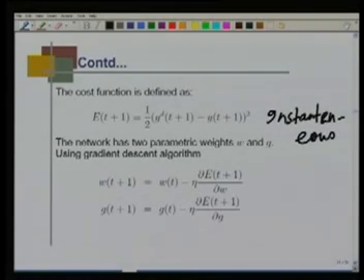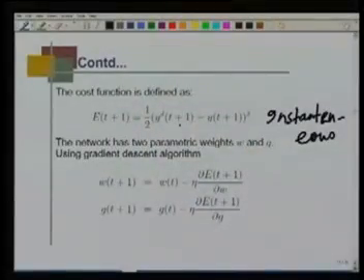The cost function is simply a quadratic function of the instantaneous error, E equals half of (yd t plus 1 minus yt plus 1) squared, where yd is the desired output and yt plus 1 is the actual output of the network.